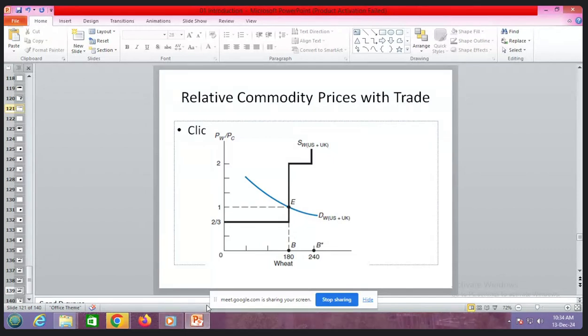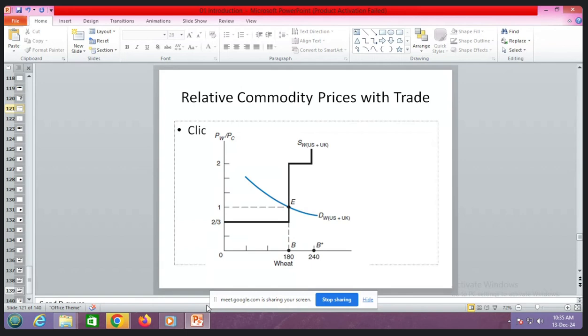And since we are dealing with perfect competition, cost is equal to price, and differences in the relative price determine the trade. If two countries have different relative price, the country with lower relative price gains in specialization, and after specialization takes place, there is going to be the trade, and the benefits that are going to take place from the trade are both from production and consumption.